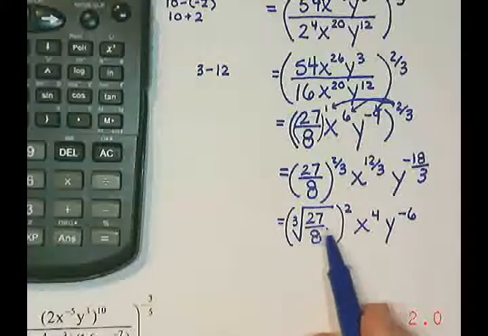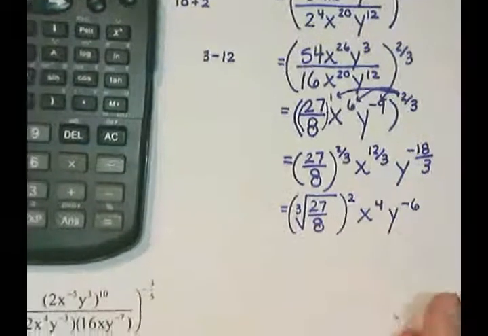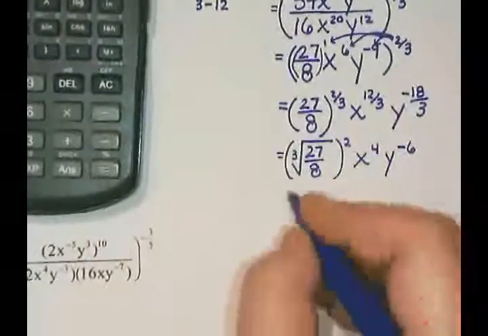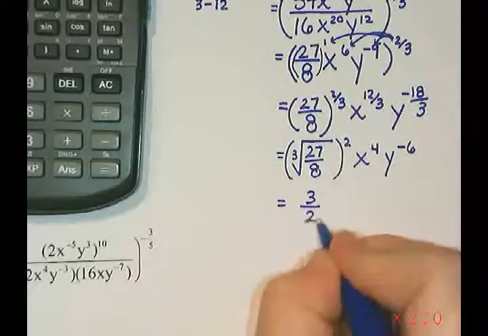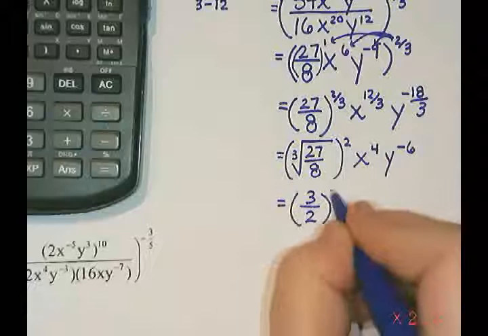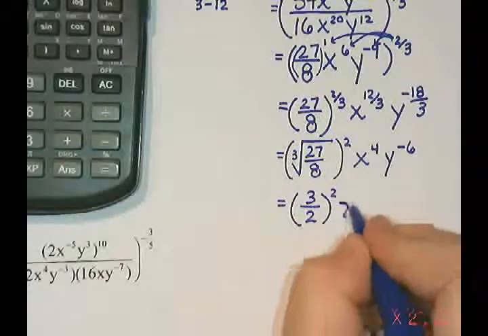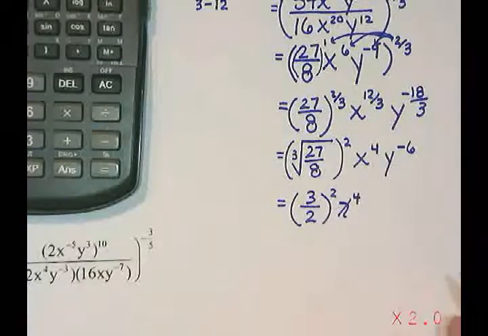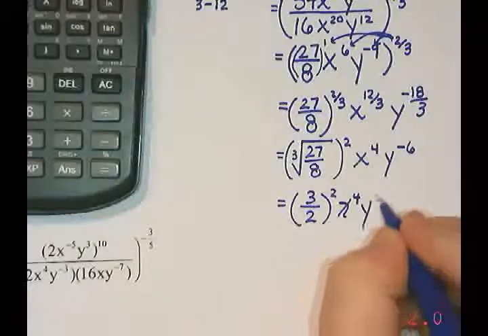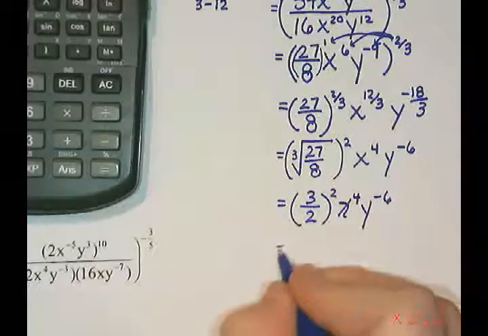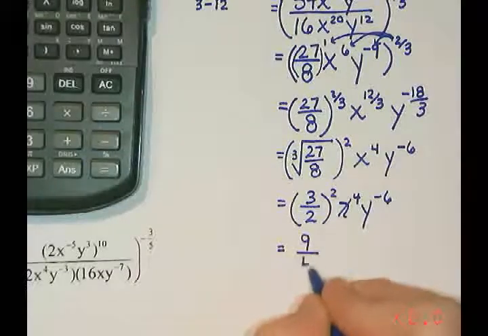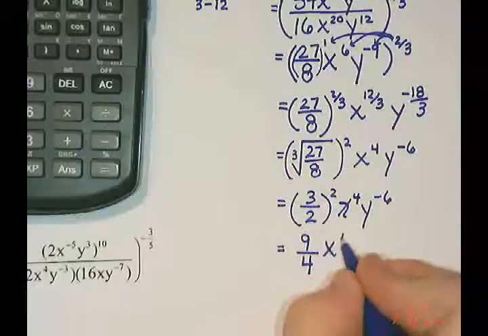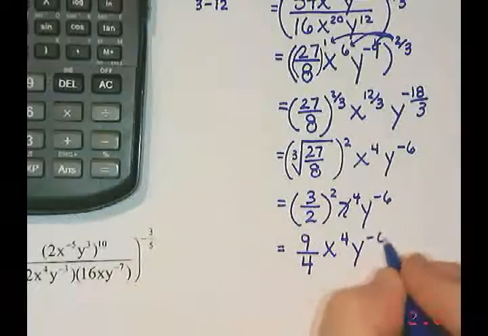Okay, the cube root of 27, 3 cubed is 27, so that's going to be 3. And the cube root of 8, 2 cubed is 8, so 3 over 2 to the 2 times x to the 4. It's a very funny looking x, y to the negative 6. 3 squared is 9. 2 squared is 4, x to the 4, y to the negative 6.